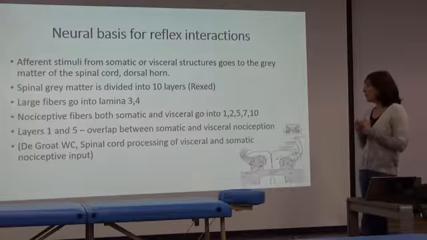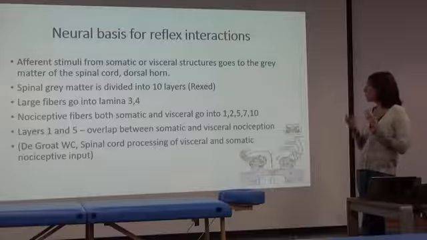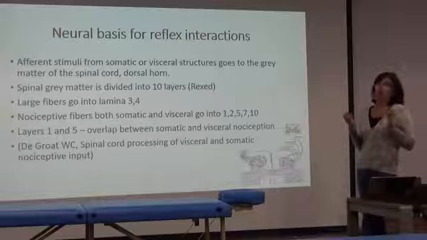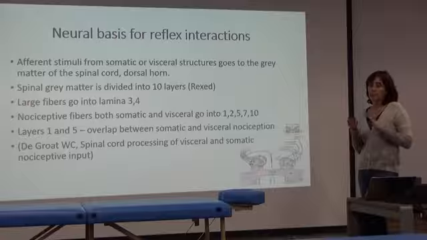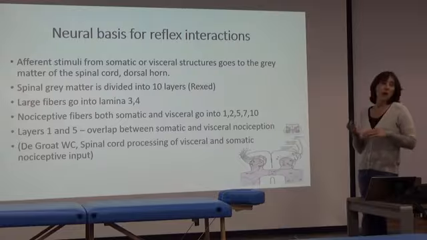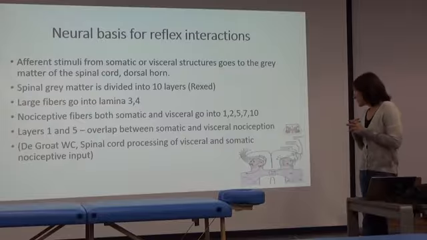In layers 1 and 5, it could be overlap between somatic and visceral nociception. So that's why very often we have problems and altered reflex regulation in somatic and visceral structures.